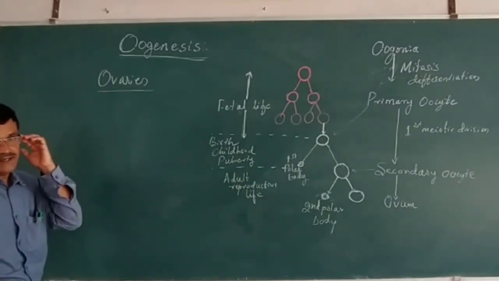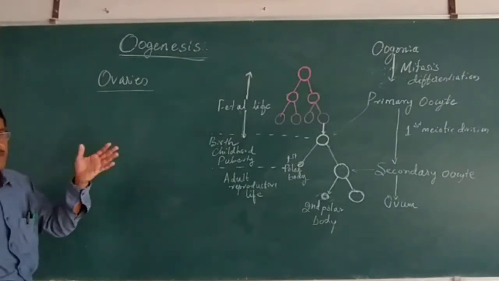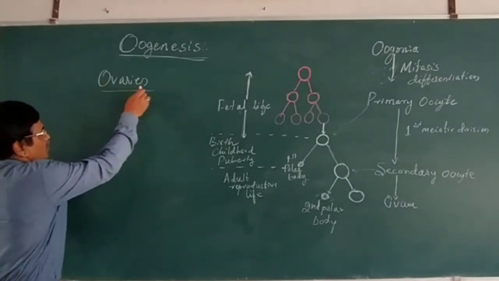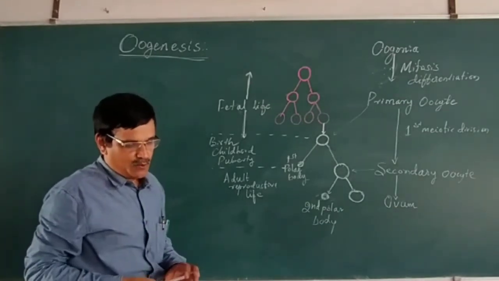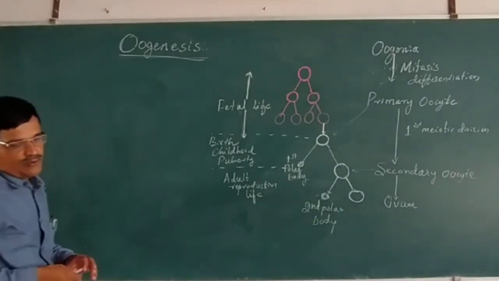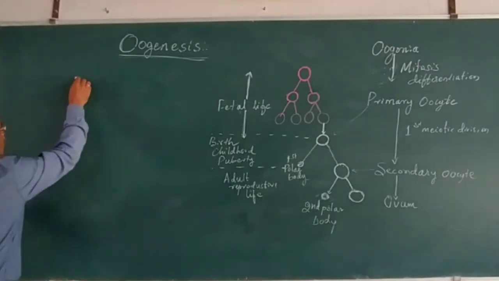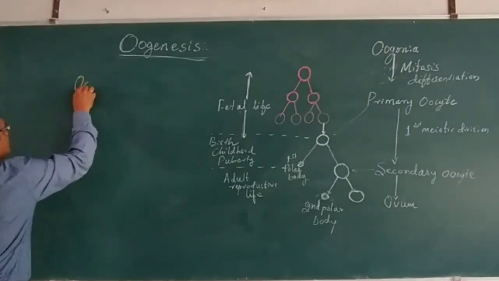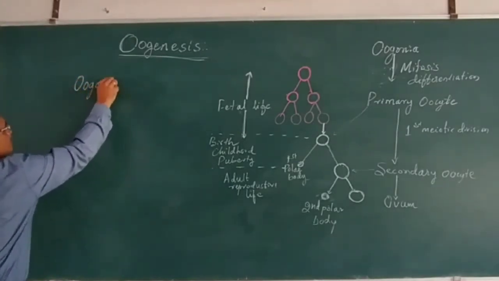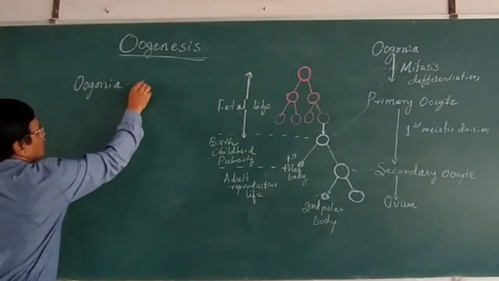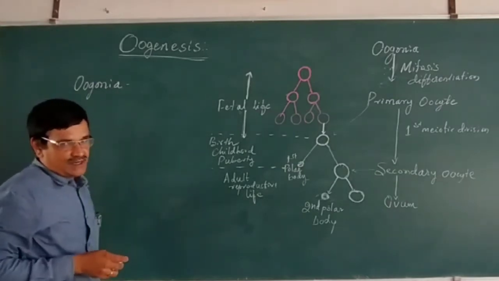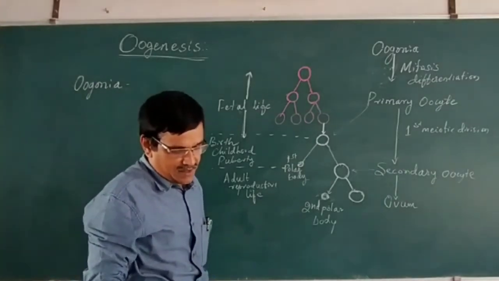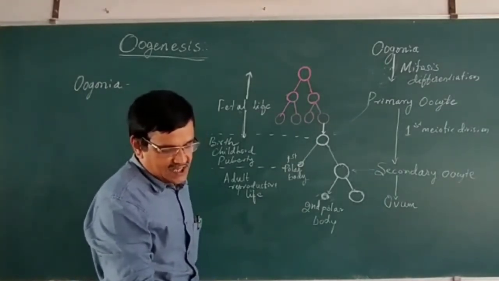During the fetal stage of development, a couple of million oogonia, or oogonial mother cells, will be formed within each fetal ovary.